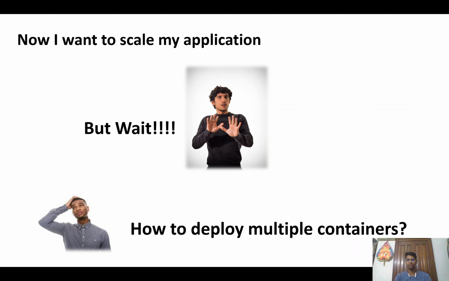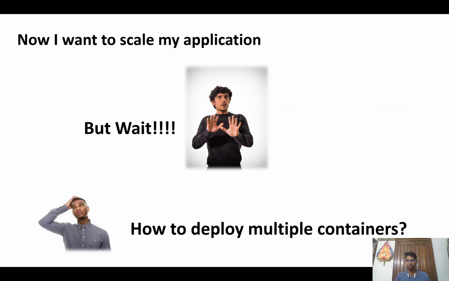Now you look a bit confused. One Docker is there, and in one Docker, one application is there. Now you want to scale the application. How can you do that? So you need multiple containers.